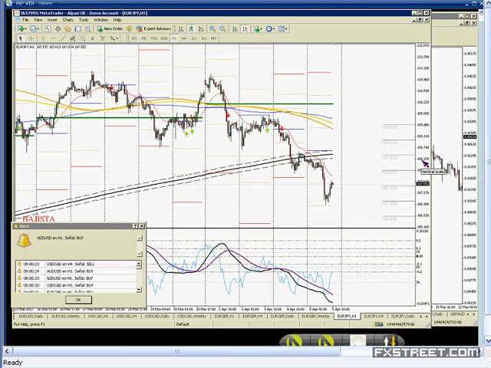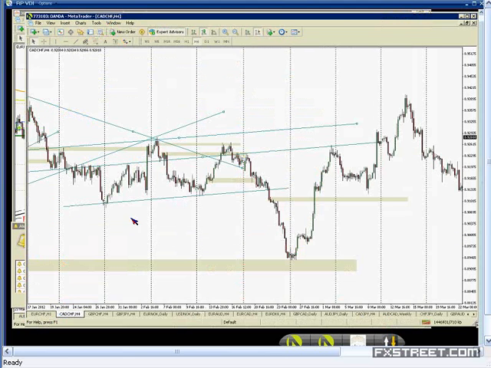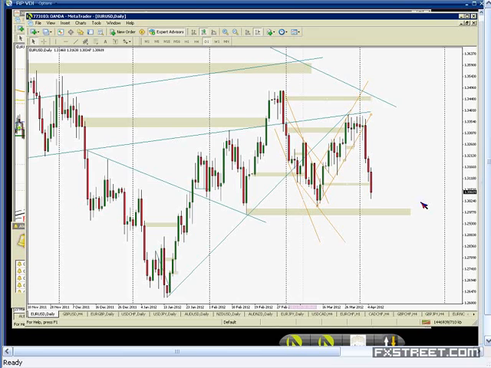But in any case, we are pointed to the downside in euro dollar, and probably markets are just discounting that. We could also have a situation where both good and bad results tomorrow will be dollar bullish.